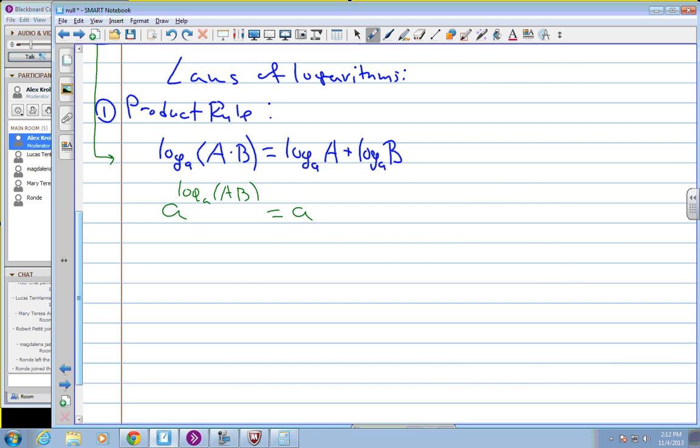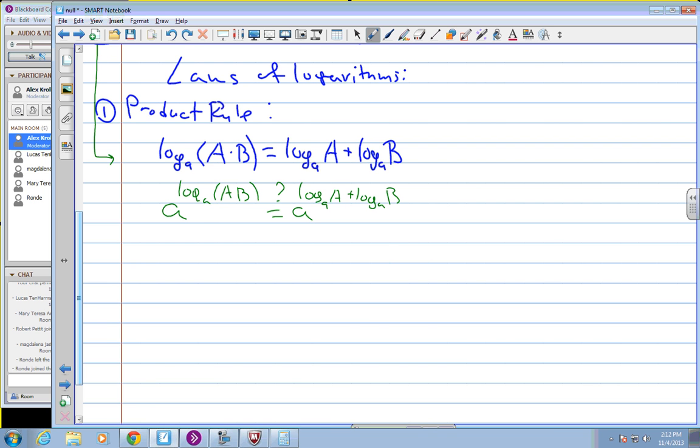And I'm going to take a and raise it to the right side of this identity, log base a of A plus log base a of B. Don't write this down. It's just a quick proof. Now, I don't know whether that's equal yet. That's what I'm trying to show.